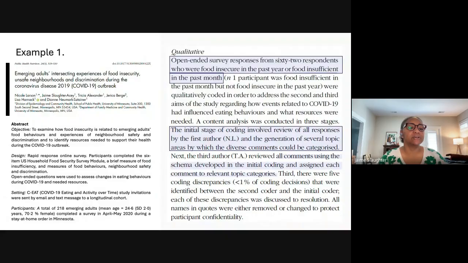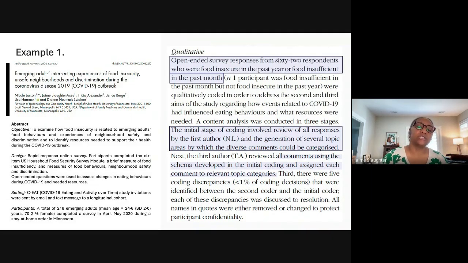And these surveys included some closed-ended questions and open-ended questions. The open-ended questions were used to assess changes in eating behaviors during the COVID-19 pandemic and needed resources.